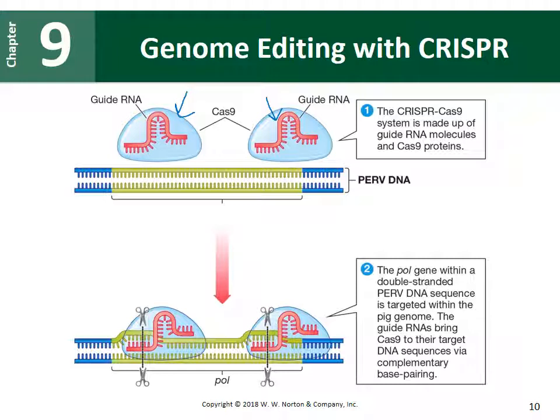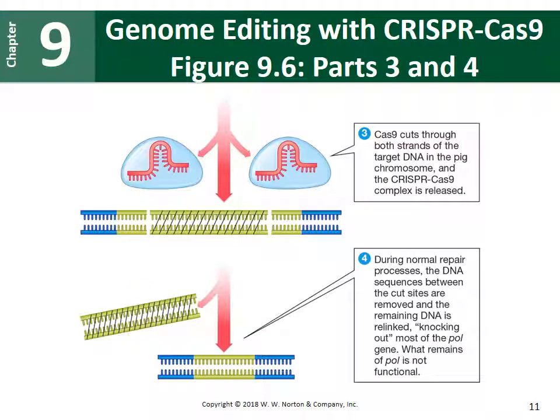That CRISPR is going to enter in, it's going to physically cut out parts of the gene. That gene can then be removed, and now, for example, this gene is no longer in those cells. So this is one way that we can edit genomes. We can cut out specific genes that code for specific products.